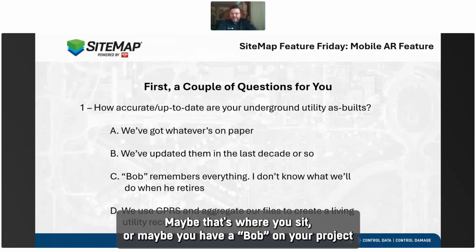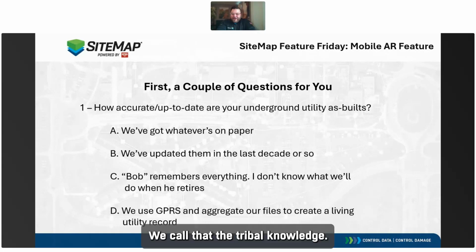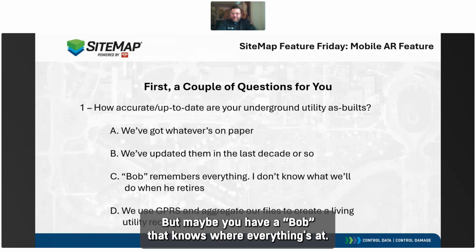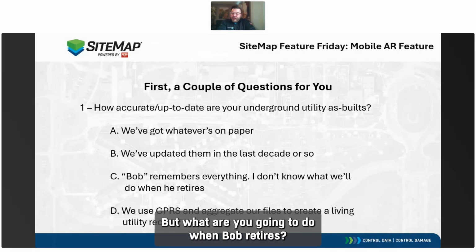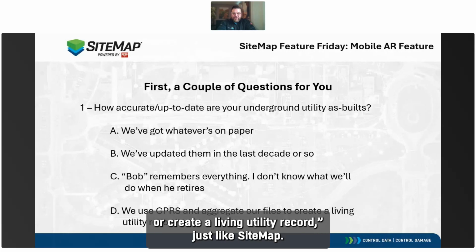Maybe that's where you sit. Or maybe you have a Bob on your project or your facility that has everything up here. We call that the tribal knowledge, but maybe you have a Bob that knows where everything's at. But what are you going to do when Bob retires? And then lastly, you use GPRS to aggregate your files or create a living utility record, just like SiteMap.